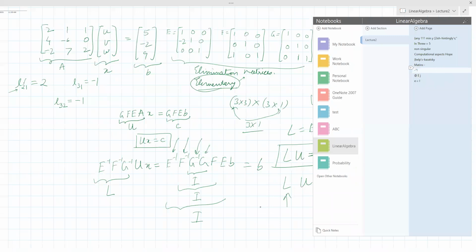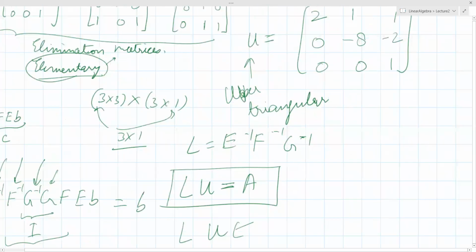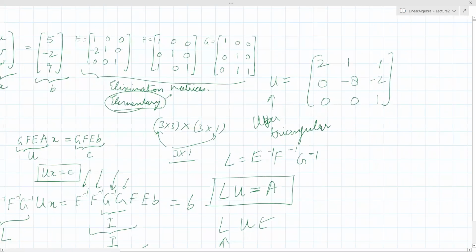Yeah, here we were. So what is EFG going to be now? Not EFG, sorry, GFE. Let us do GFE. What is the value of GFE?